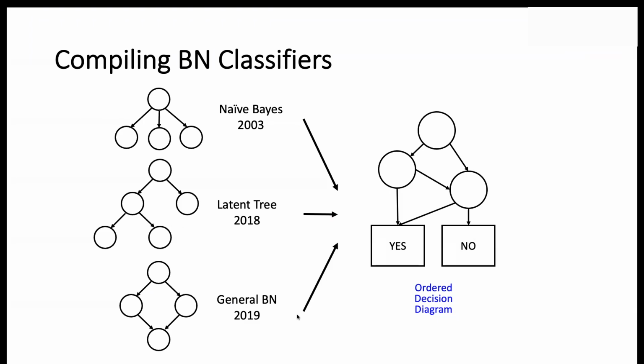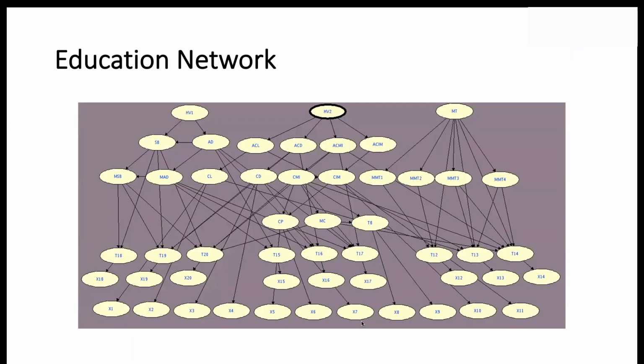When you compile these machine learning classifiers into symbolic representations, you see something interesting. Here are some of the examples that were compiled. These are Bayesian network classifiers from the literature. This one has to do with assessing skill level. These represent different skill levels, and you've got your features and you're trying to map the input to that.